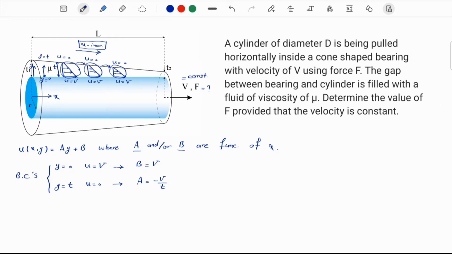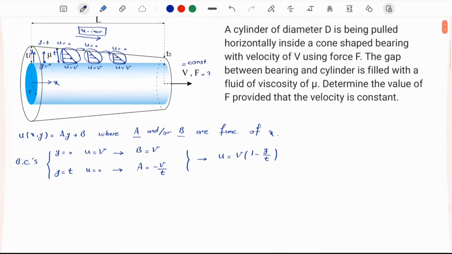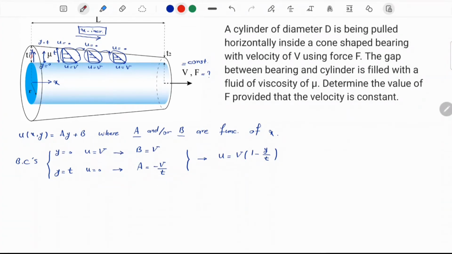Now putting it all together gives us u equals V multiplied by 1 minus y over t. So where is x here? As we can see in the picture, this local t, initial t, and final t are functions of x.